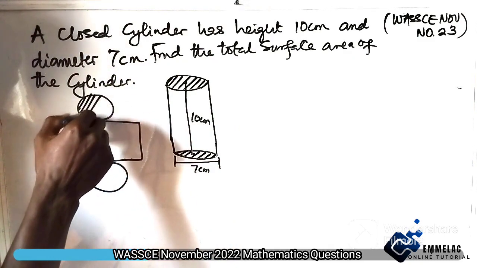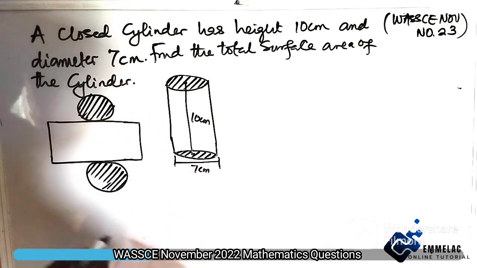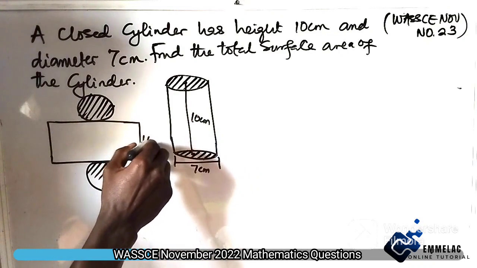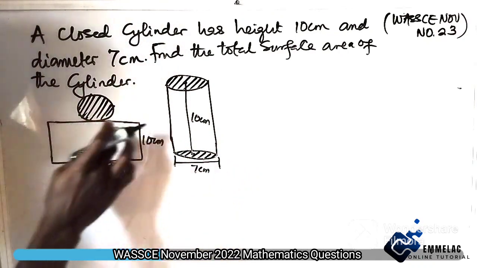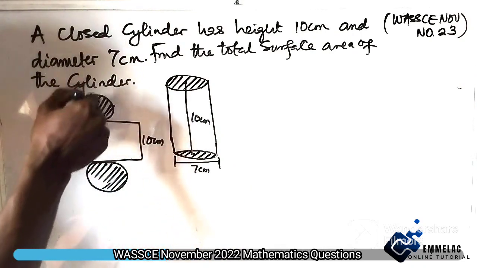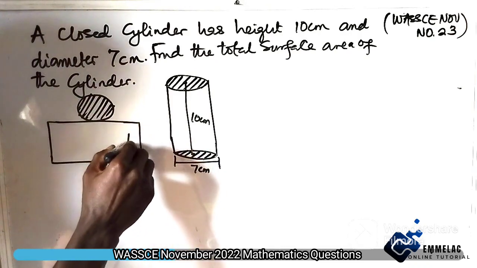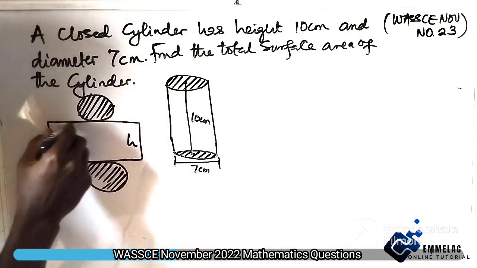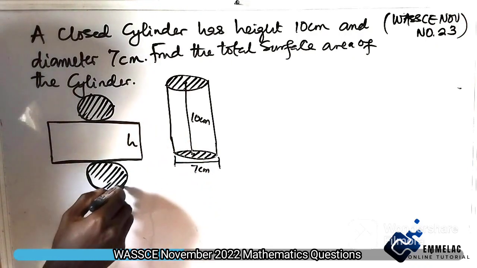Take note, the top and bottom are closed. So the height itself is 10, which is this. Now the length here happens to be the circumference of the circle.